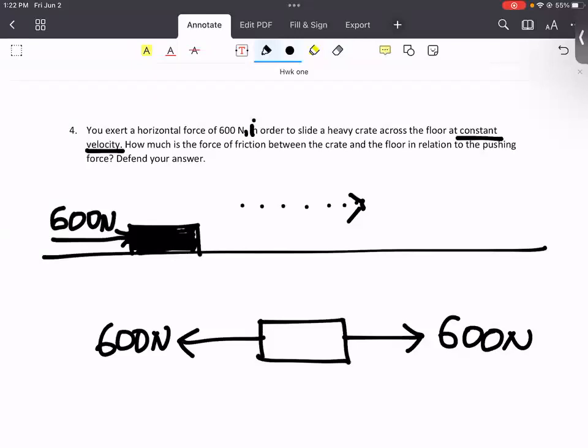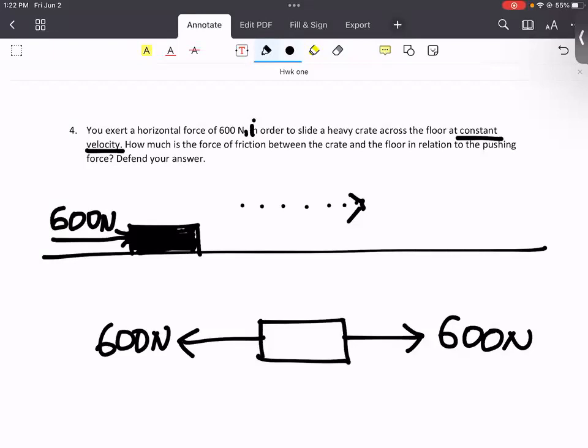Otherwise, the box will slow down. Here we have balanced forces, and then we have the box moving at a constant velocity.